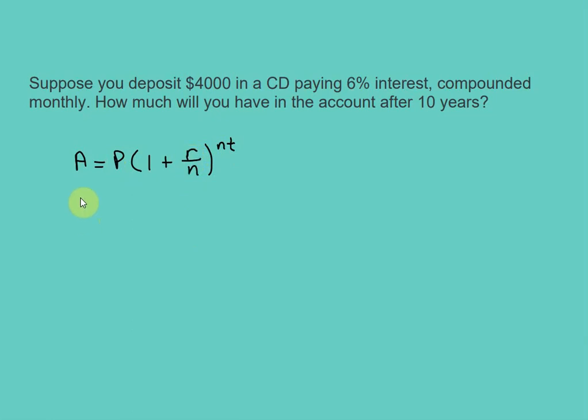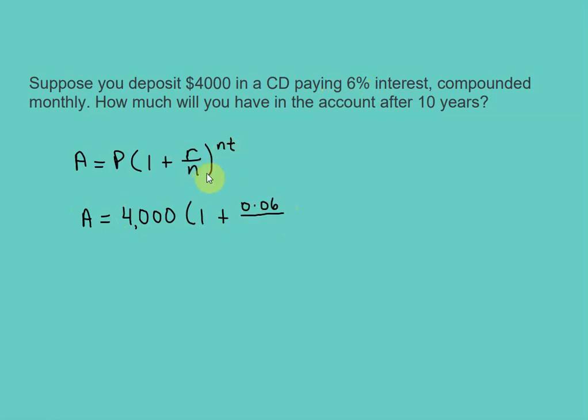Okay, so the total amount is going to be P, which is the principal, in this case $4,000, times 1 plus our rate that needs to be changed to a decimal. If I move the decimal two places to the left, that gives me 0.06 over n.